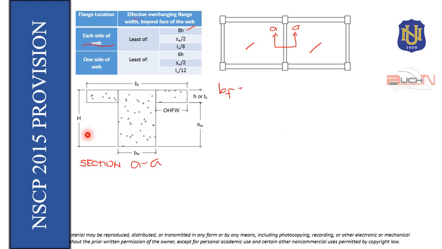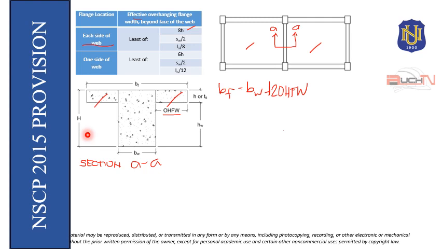Since ito si OHFW, kung mapapansin natin sa T-beam, there are two sides of the web. Meron dito, then meron dito sa kabila. So, para makuha natin si B sub F, kailangan natin i-add si B sub W sa dalawang OHFW or overhanging flange width.